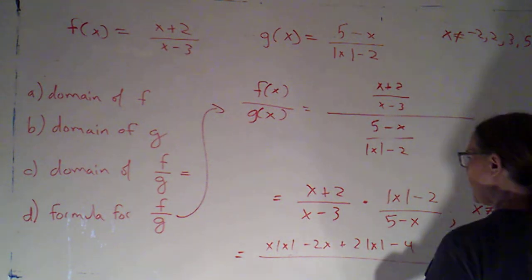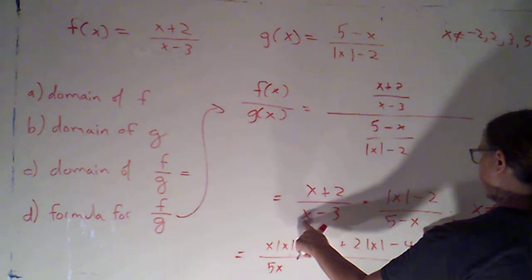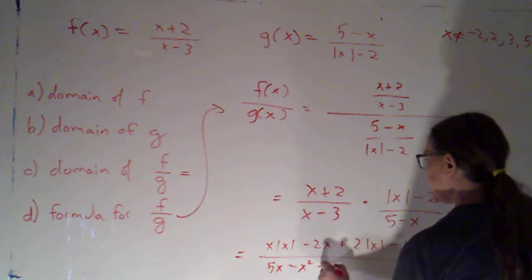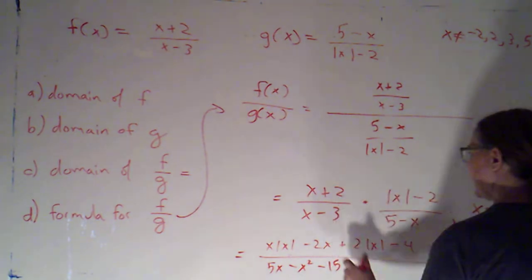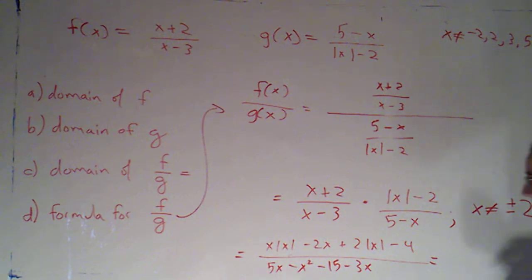Now on bottom I'll FOIL out. So let's see, I'll get 5x. Outsides give me a minus x squared. Insides give me a minus 15. And last terms give me a minus 3x. That I can combine the 5x and the minus 3x.